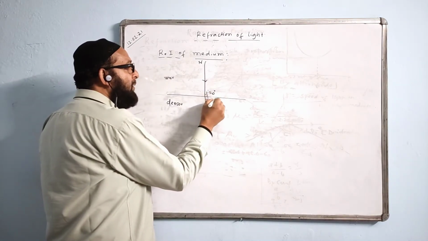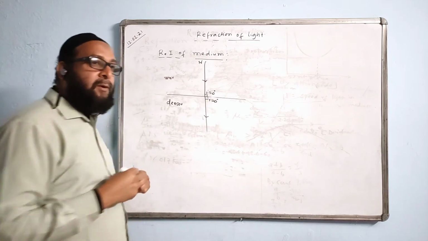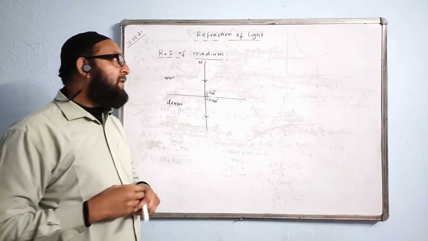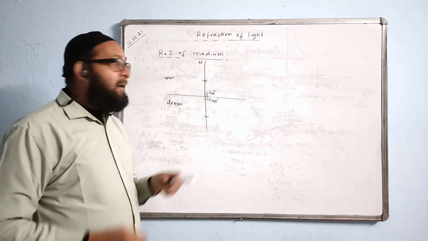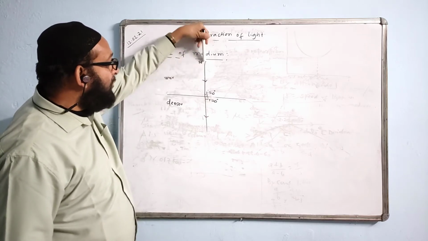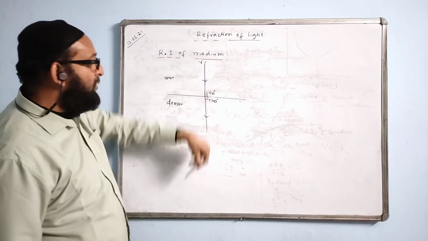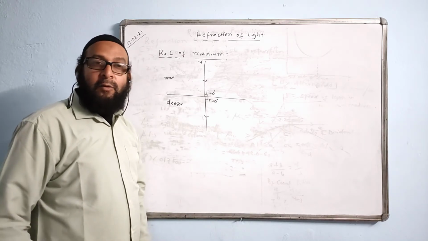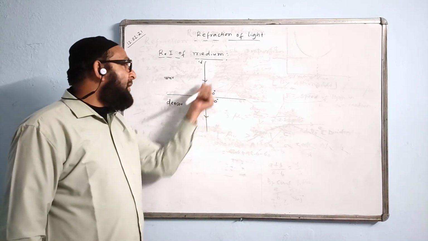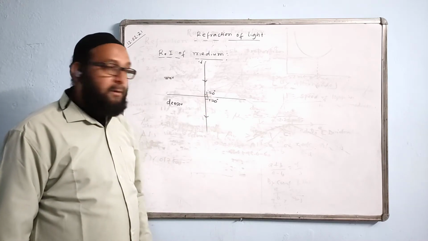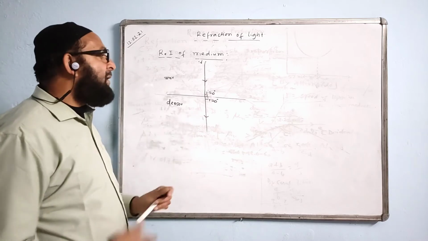R also 0 degree. Why 0 degree? Because angle of incidence and angle of refraction you always take with the normal. And here the ray itself is coming along the normal line, so it will go straight. I is 0 and R is also 0 degree. Don't write 90 degree. When you see the ray coming along the normal, I will be 0 degree, not 90 degree. Remember it. So this is one condition.